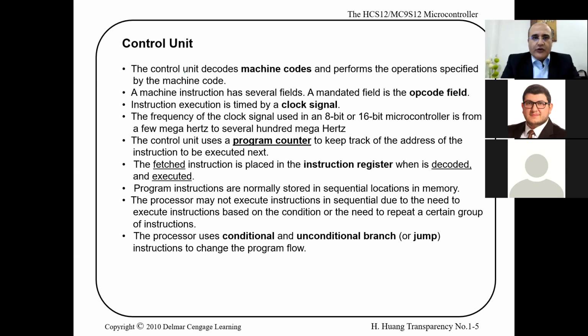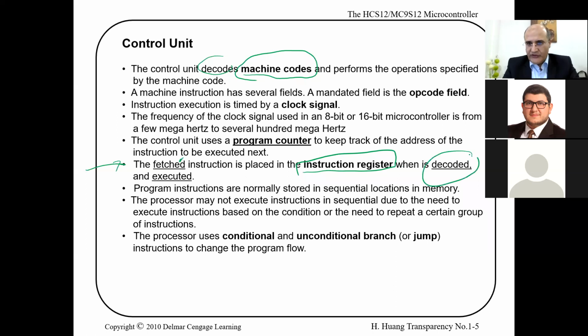So the control unit brings the machine code from the program memory, then decodes it, then passes it to the ALU to execute it. So here's the cycle. Fetch it from the program memory, then put it in a register, and there decode it, then execute it. This is how it is done.